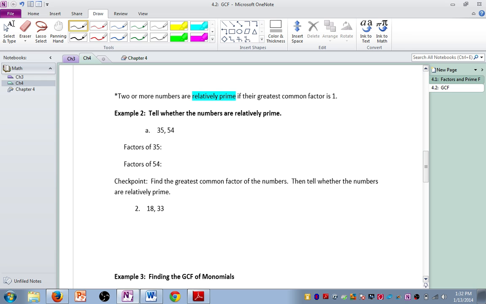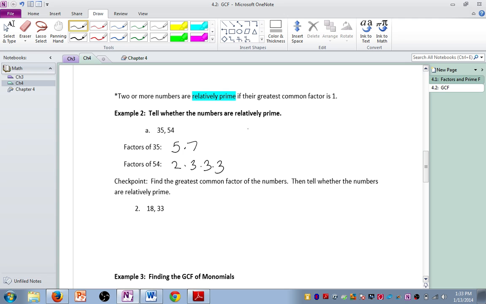The factors of 35 are 5 and 7. The factors of 54 are 2 times 3 times 3 times 3. When I look at these lists, there are no common factors other than 1. They have nothing in common.